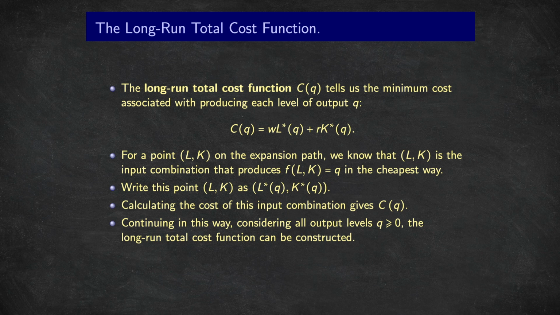So if we are interested in output level Q, then we find the point on the expansion path where the input combination at that point produces output Q, and then we'll write this point as L star as a function of Q and K star as a function of Q. Then we simply calculate the cost of this input combination, so multiplying L star by W and multiplying K star of Q by R and summing up these costs. If we continue in this way for all different output levels, we can construct the entire long-run total cost function.